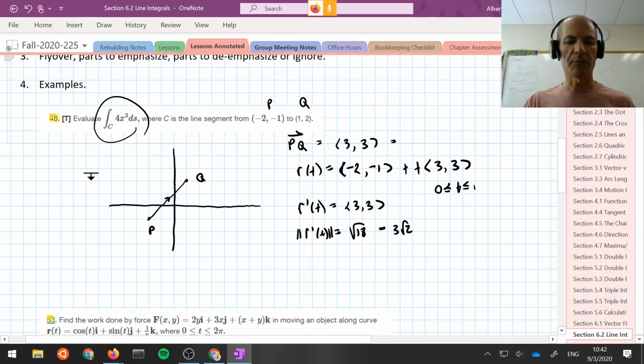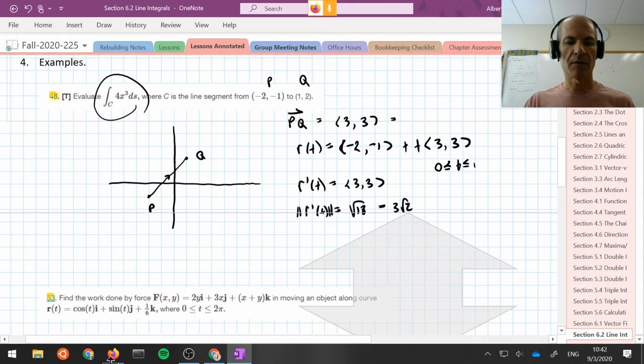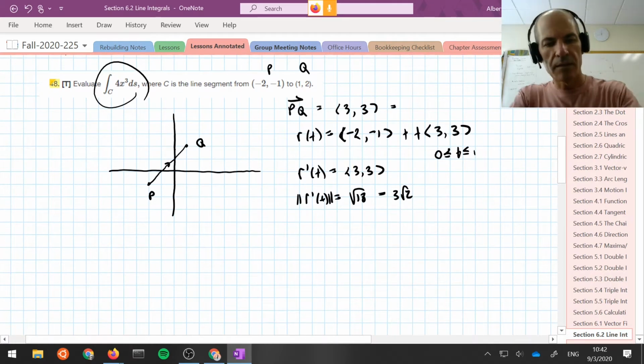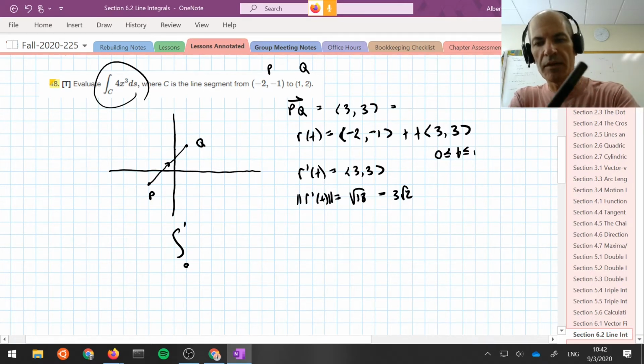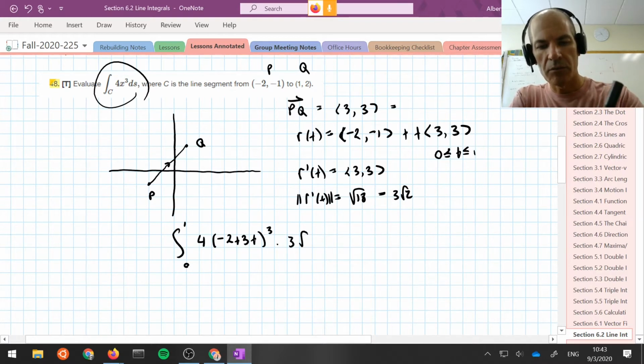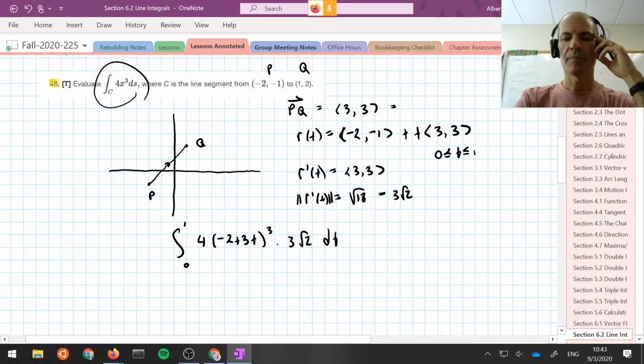Let me give myself a little more space. All right, so the parameter range, the limits of integration are 0 to 1. We have to replace x with what it equals along the parameterized curve. So in this case, we have the constant 4 times x is going to be -2 plus 3t, and all of that's cubed, and then finally 3 root 2 dt.